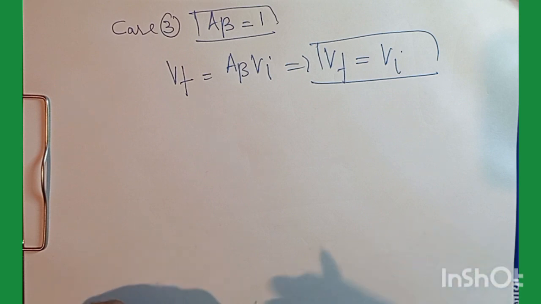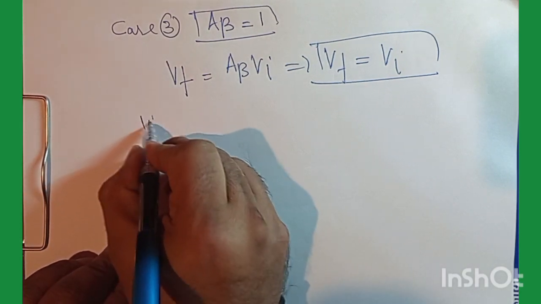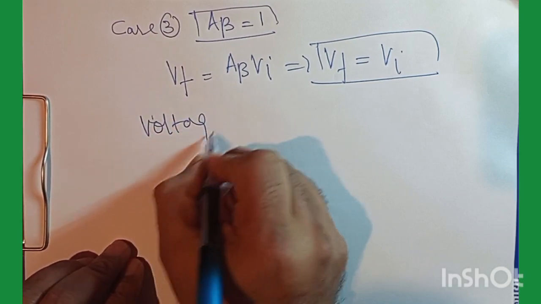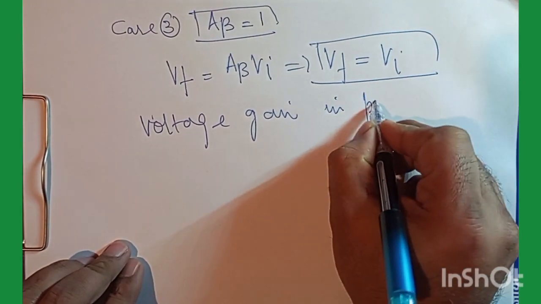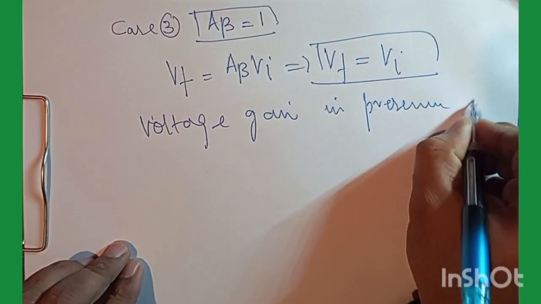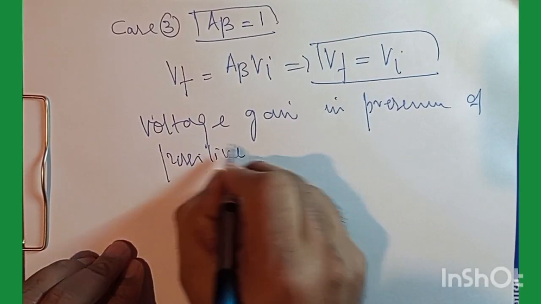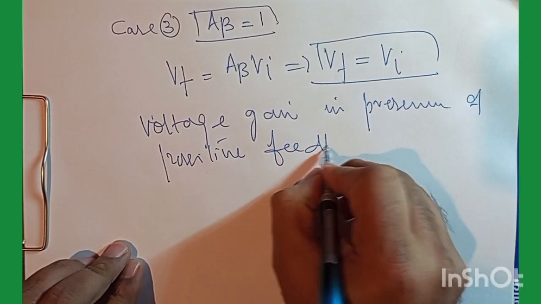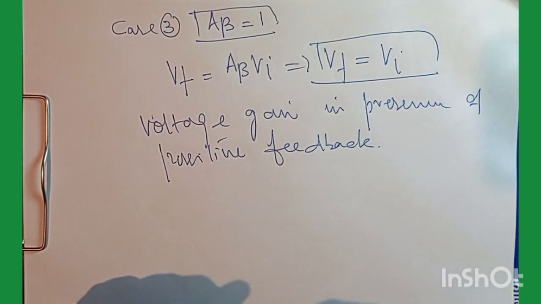Now, if we go back to the gain equation, what is voltage gain? Say, voltage gain in presence of positive feedback.